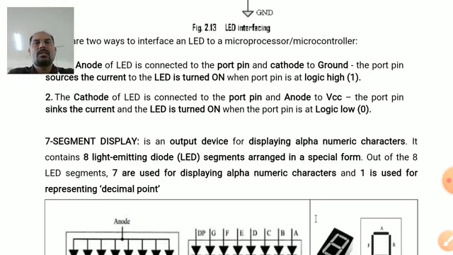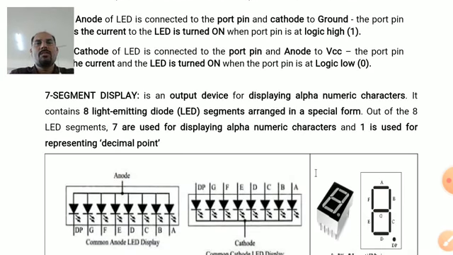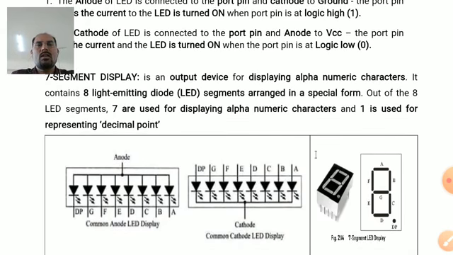Then the next type of output device is the 7 segment display. As the name itself says, 7 LED segments are connected in some order or format for displaying alphanumeric characters. Alphanumeric in the sense that we can display all the decimal numbers from 0 to 9 and some characters, not all, only a few.